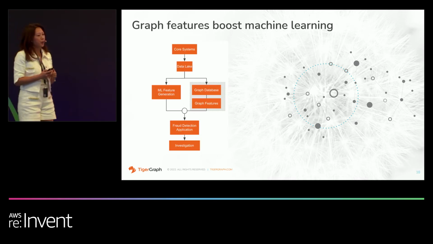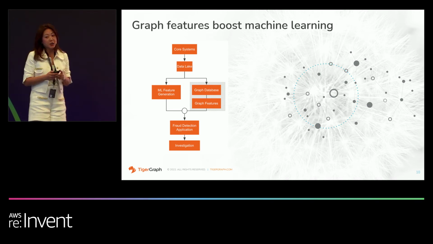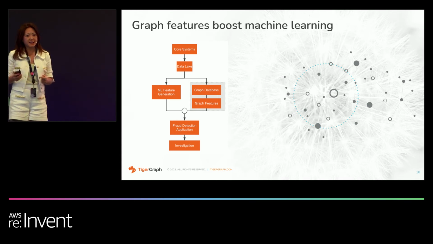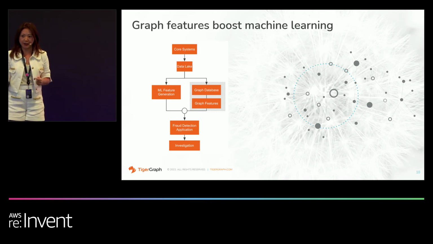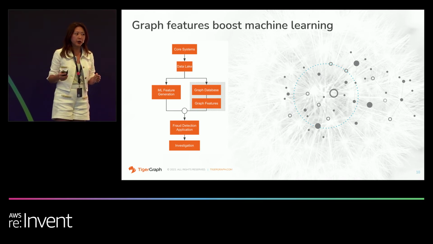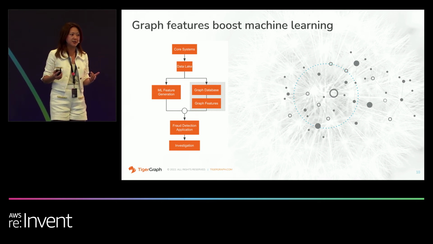So how are we doing this? It's actually rather simple. We take your existing machine learning pipeline, and we enrich the feature sets with the connections between the entities using graph algorithms.